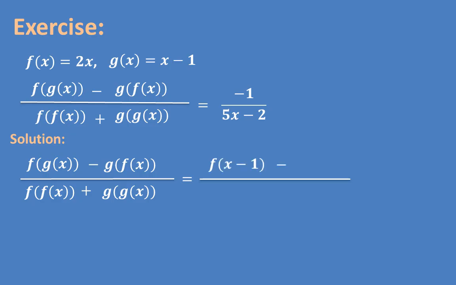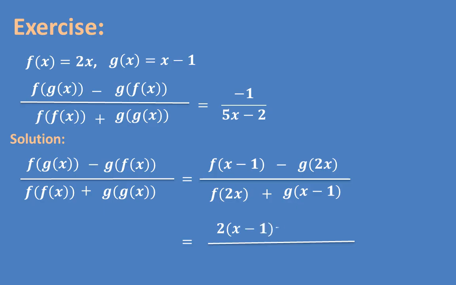And g of f of x is equal to g of 2x, and then, in the denominator, substitute f of x and g of x, with their values, so, f of f of x will equal f of 2x, and g of g of x will equal g of x minus 1, and then, f of x minus 1, is equal to 2 times x minus 1, and g of 2x, is equal to 2x minus 1, and f of 2x equals 4x, and g of x minus 1 equals x minus 2.